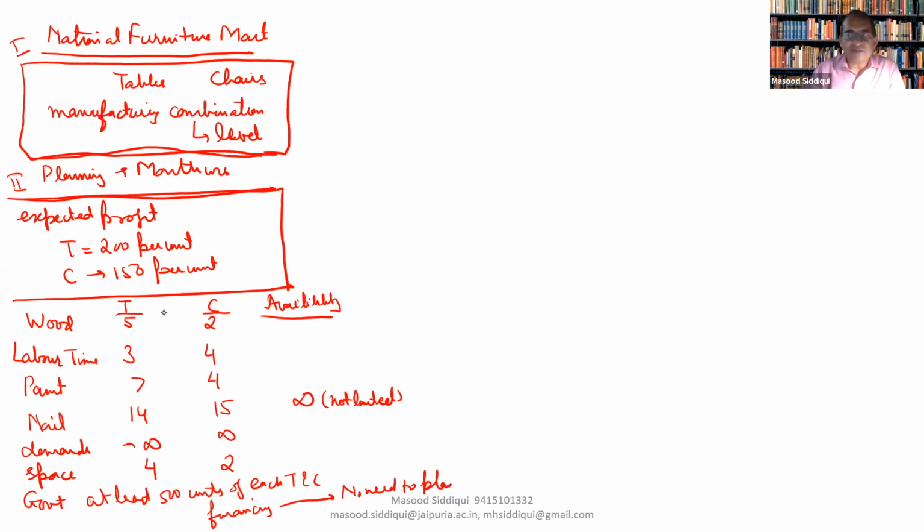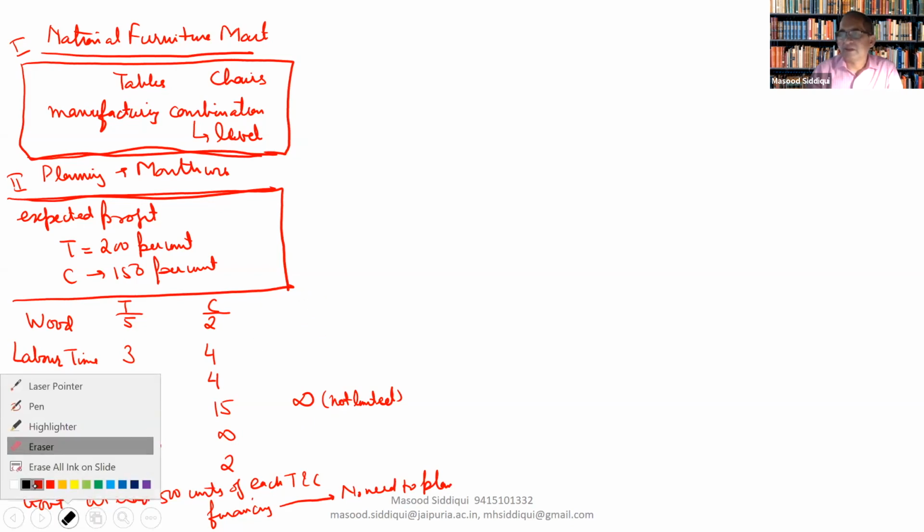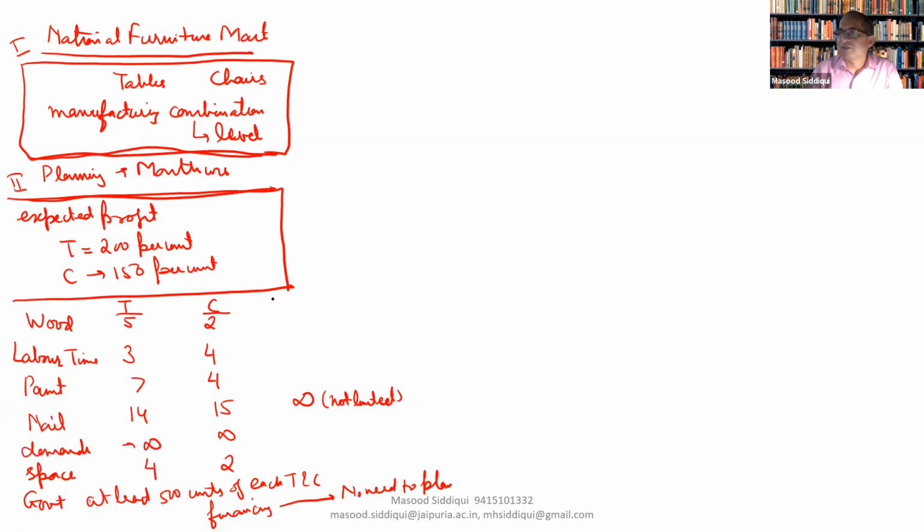Then as per the finances that are available, Harsh can arrange 5,000 units of wood. This is availability.